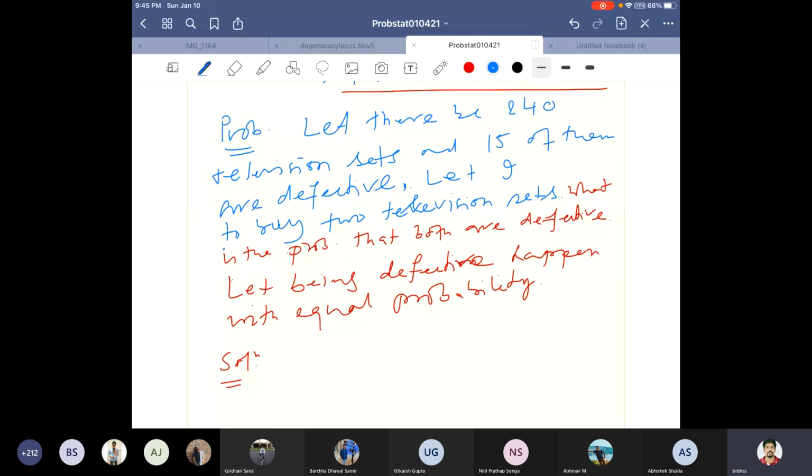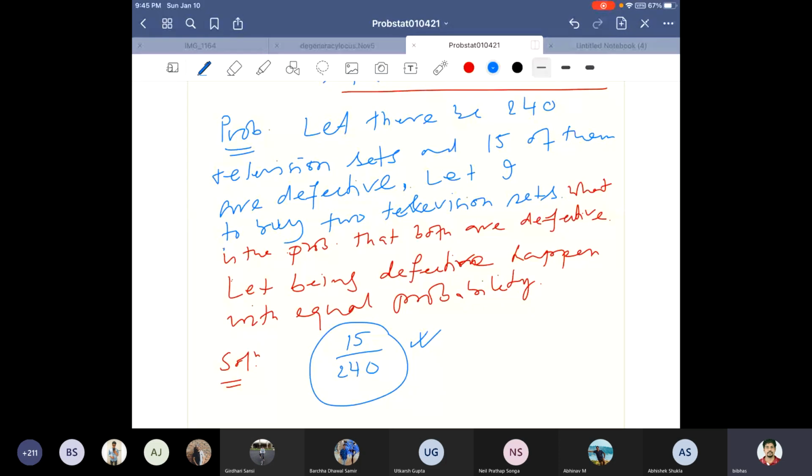Because all are equally likely of being defective, the probability is 15 by 240, because 15 of them are defective.